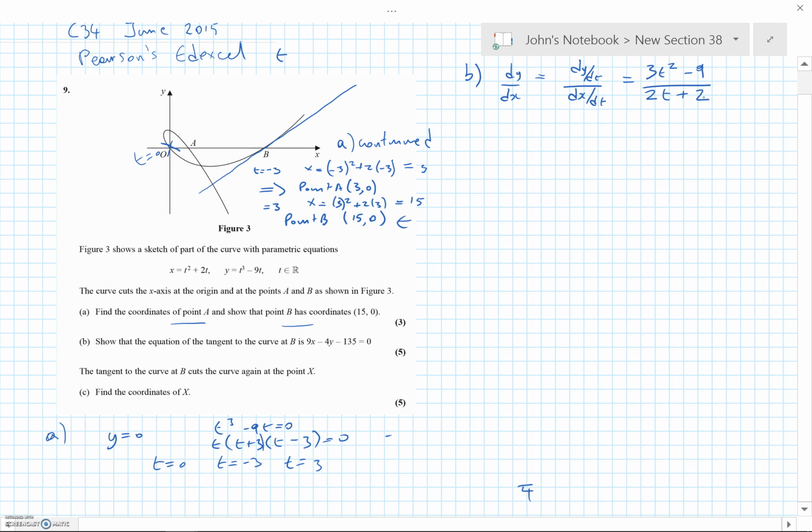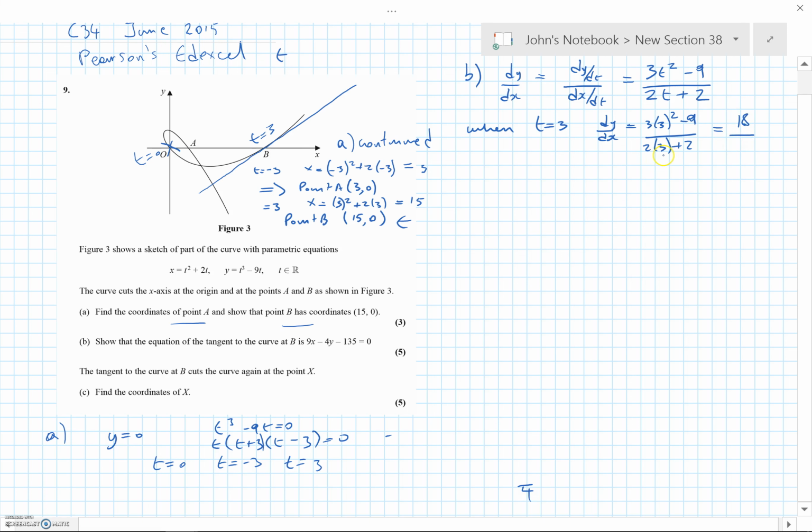Okay, so that's our general expression, but we want that for the point at B, and we know that t equals 3 at the point B. So when t equals 3, dy by dx is equal to 3 times 3 squared minus 9 over 2 times 3 plus 2. On the top I've got 27 minus 9, which is 18.